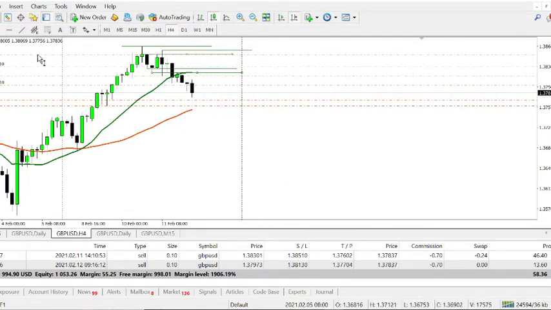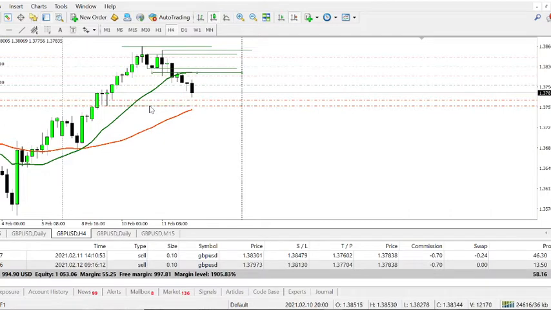Now, another example is somewhere here. If I can draw, oops, that's my stop loss. If I can draw which level is this, yeah, I want to copy this.